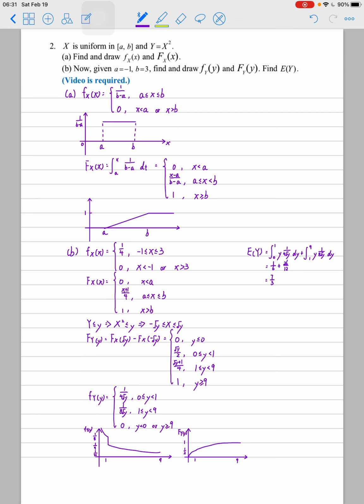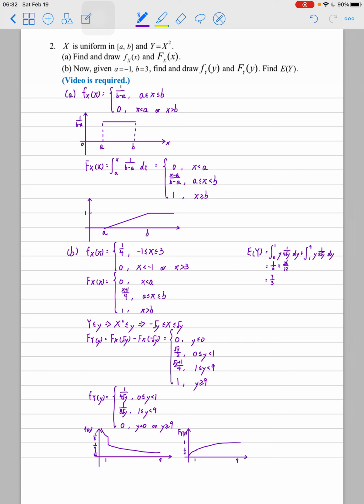When a is smaller than x smaller than b, the formula equals x minus a over b minus a. When x is larger than b, the formula equals 1. And this is the diagram I drew for F_X(x).